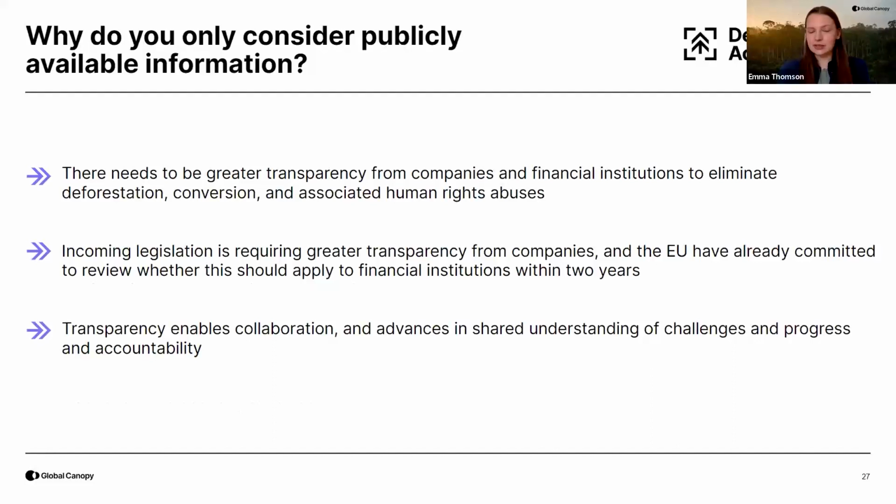One of the questions we often get is, why do we only consider publicly available information? So as a reminder, that is anything that is published on your websites, on your web domain, will be considered in the assessment. And the reason that we only use publicly available information is because there does need to be greater transparency from companies and financial institutions if we are to effectively eliminate deforestation, conversion, and associated human rights abuses, especially by 2025. Further, incoming legislation is requiring greater transparency from companies, as we heard earlier, and the EU have already committed to review whether this should apply to financial institutions within 2 years.